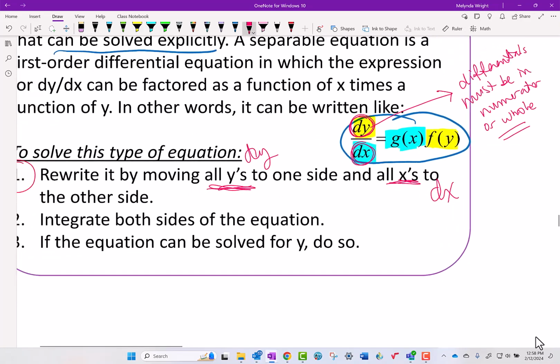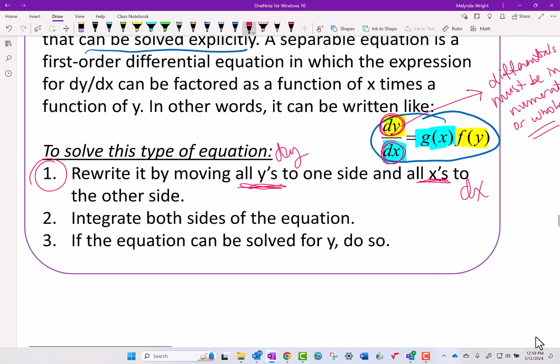All right, so step one, we rewrite. So we have the y and the dy on one side and the x and the dx on the other. Then what we do is we will integrate both sides of the equation. I'm going to put a note here.